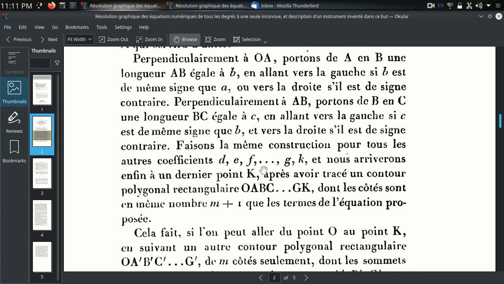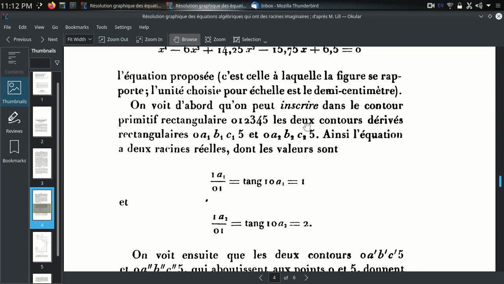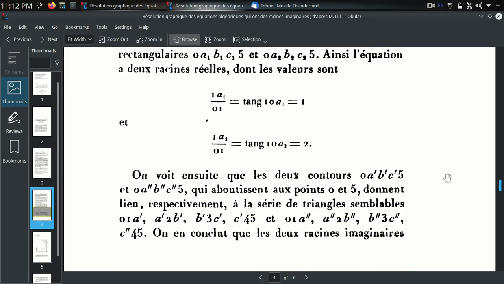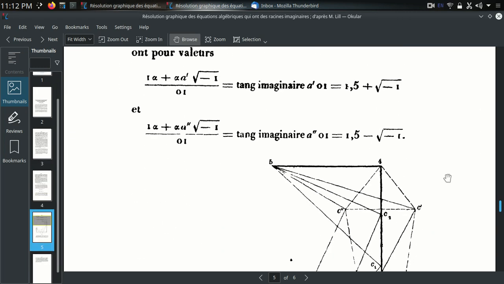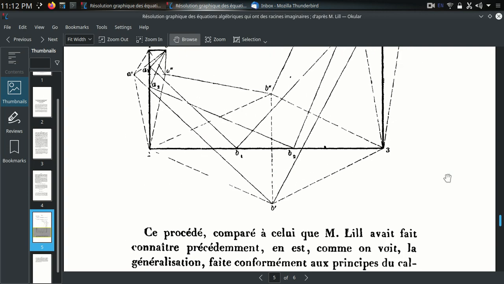And I've only seen examples up to quartics. So either Lill is wrong, or everyone else is.